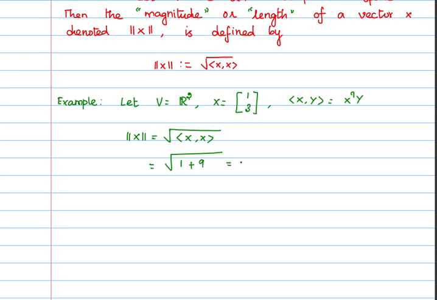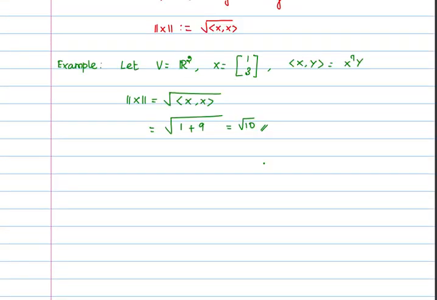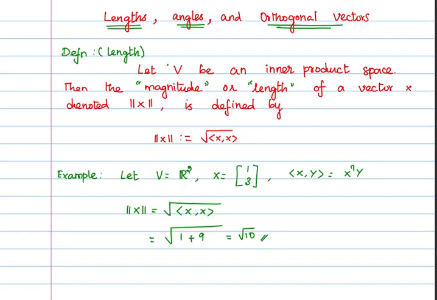So this is equal to the square root of 10. This is the length of the vector. We call this double vertical line the norm of x.